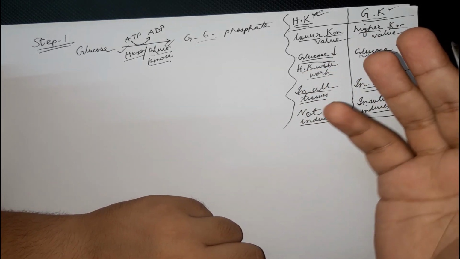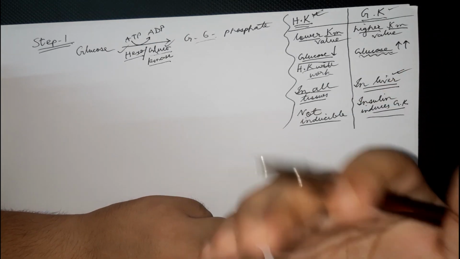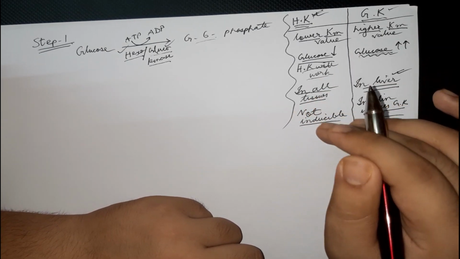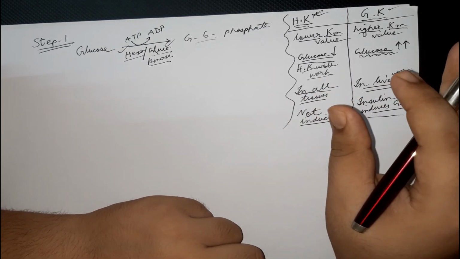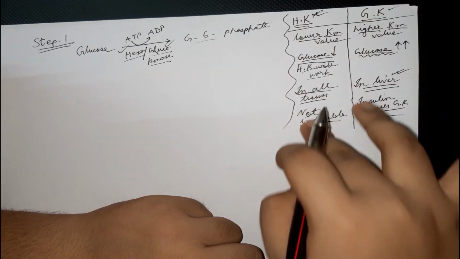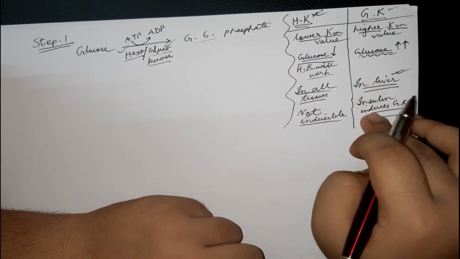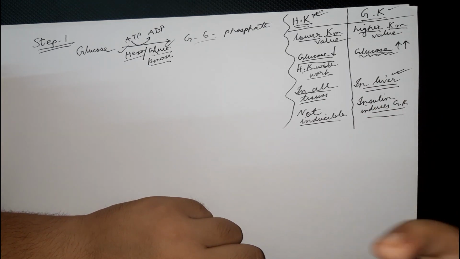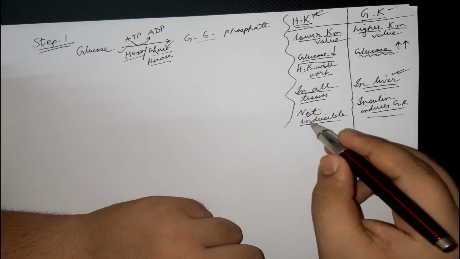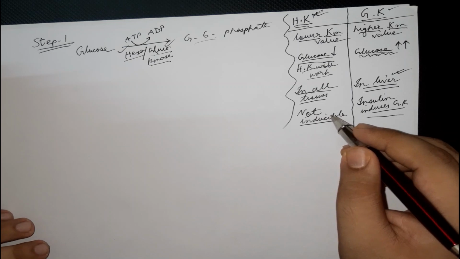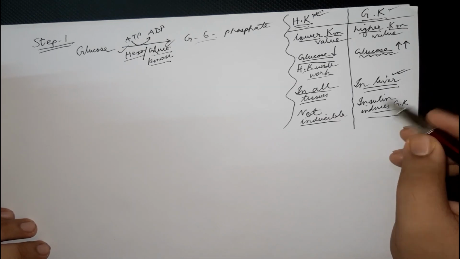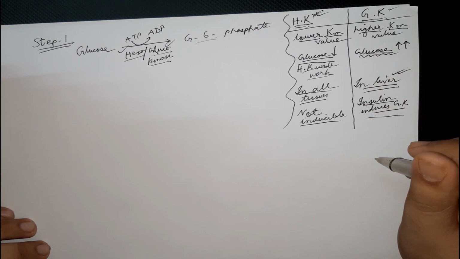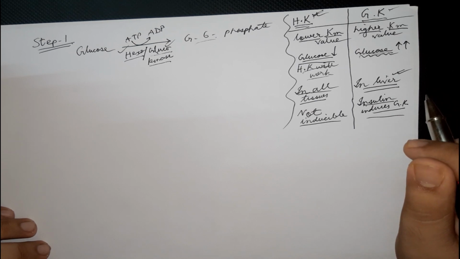Otherwise, two months later, when you have not revised this glycolysis part for a long time, even then you will be able to recollect from a logical perspective that hexokinase should be this, and glucokinase should be this. So, as far as being induced is concerned, hexokinase is not inducible, whereas glucokinase is induced by insulin and obviously glucose itself.